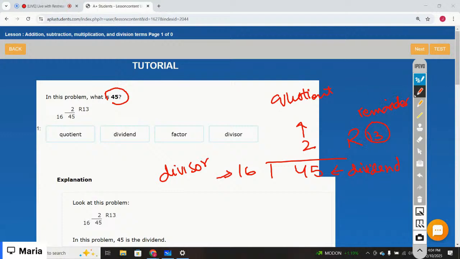So 45 is the dividend, right? That is the number you are going to divide. So it is known as dividend. So 45 is the dividend.